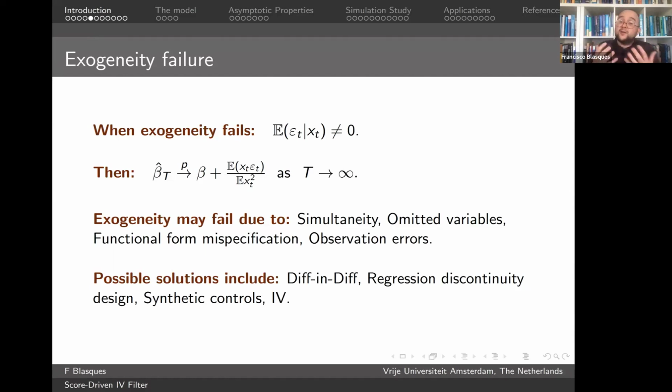But apart from trying to address things directly, when that is impossible, either because I don't have access to certain variables or because that functional form might be too complex, then there are several methods in the literature that can alleviate or address a number of these issues, such as diff-in-diff, regression discontinuity design, synthetic controls, instrumental variables, all also known in the causal data science, causal econometrics, statistics literature.